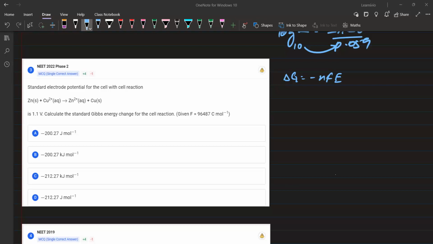Please try this. You just started. This is similar. Delta G is equal to minus nFE cell. The same formula you can use.